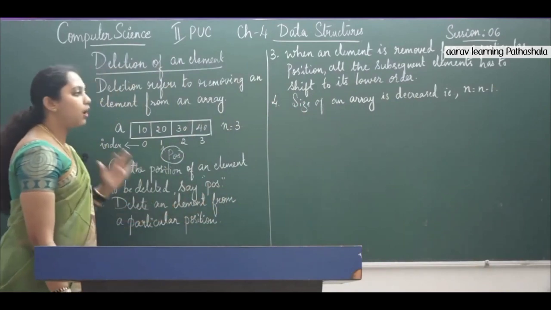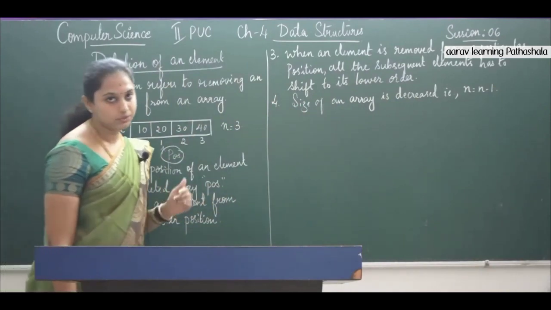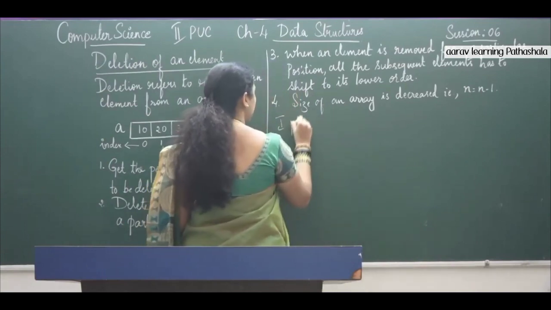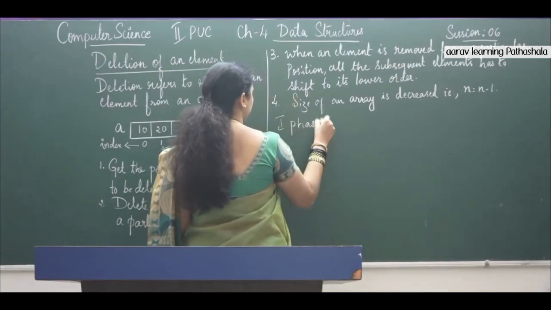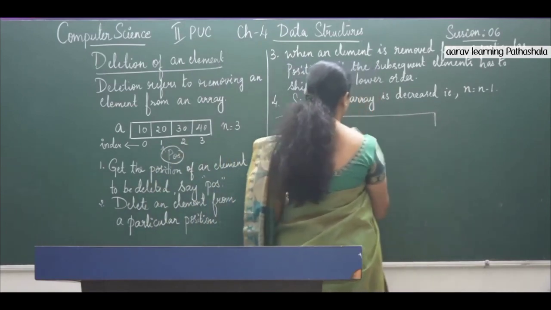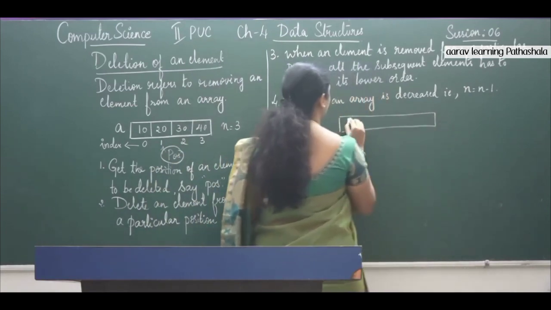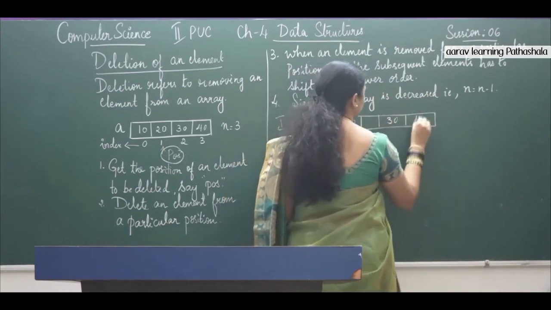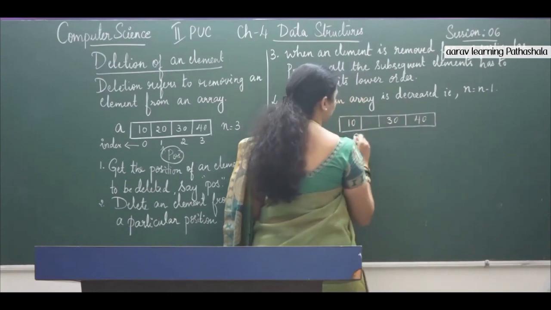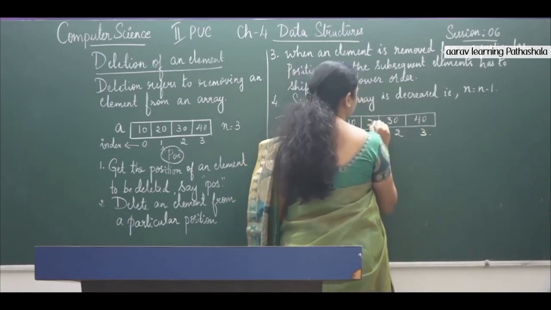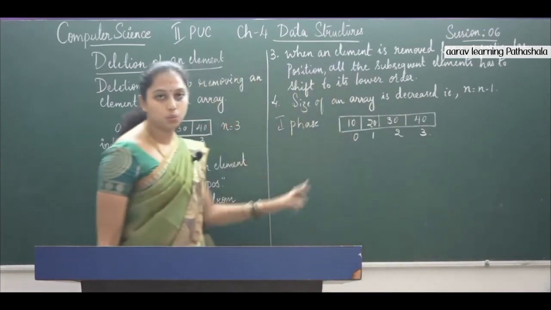Now let us see how to delete an element from an array. So in the first phase, I am going to delete an element from the position 1.